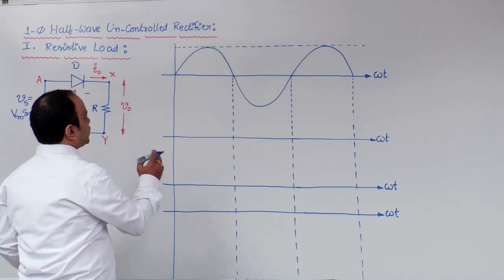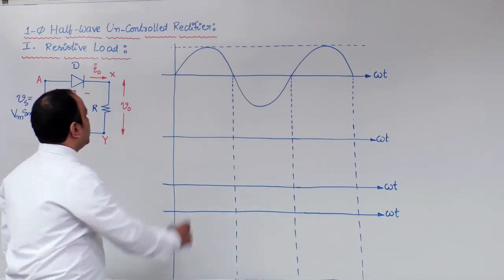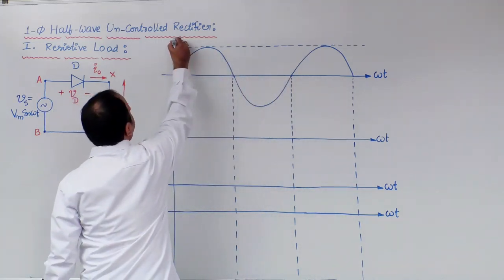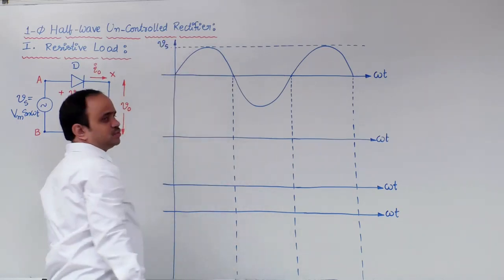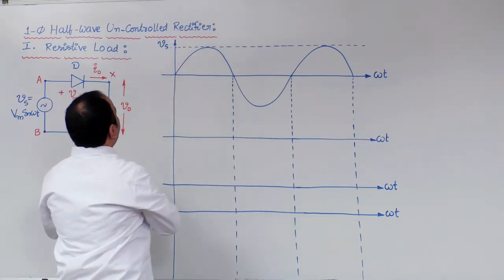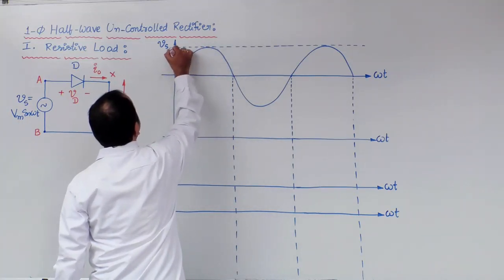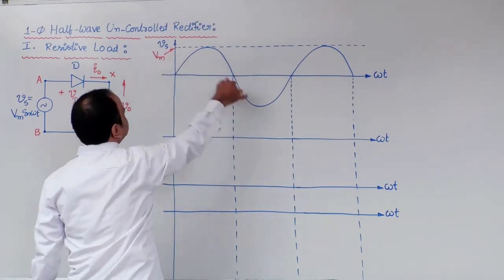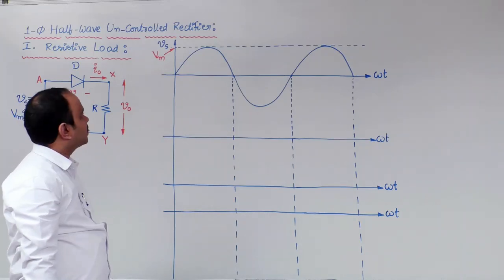From this, let us look into the working principle of this particular circuit. I have readily drawn the source voltage waveform. This is Vs, the source voltage waveform, and the peak value of this waveform is Vm, so that the waveform equation is Vm sin omega t.